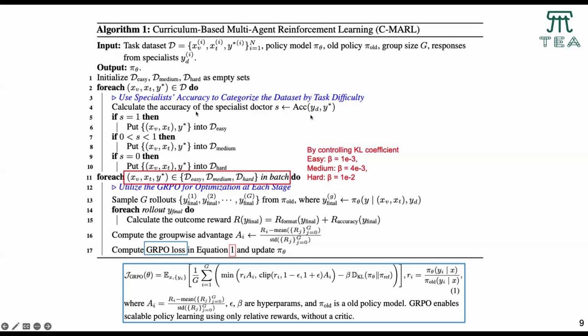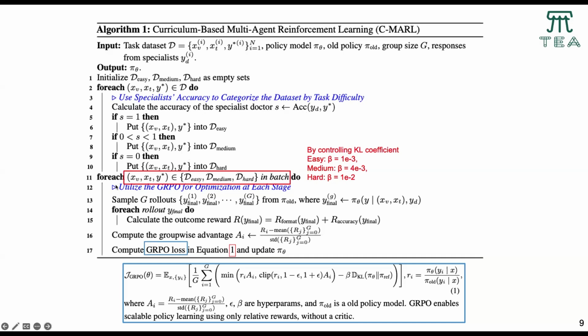They will first initialize the datasets of easy, medium, and hard questions as empty datasets, and during the inference of the previous two doctors, they will classify the questions into three categories: easy, medium, and hard, based on the accuracy given by the specialist doctor.